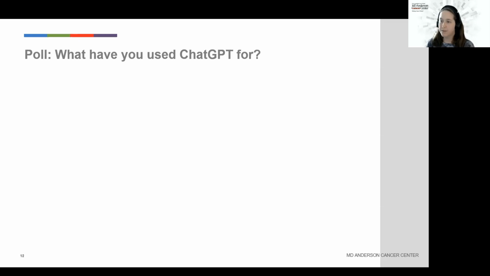Generating ideas. Just playing around, email. Interesting. So one person says not a native English speaker, and it helps to make it more clear. Okay. Yeah, so it does have a lot of uses, and it's certainly out there as we see.